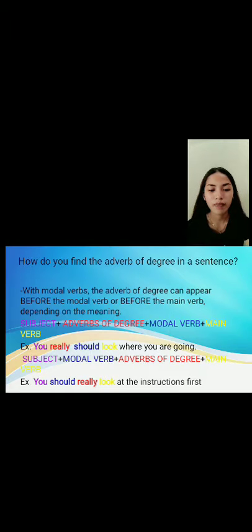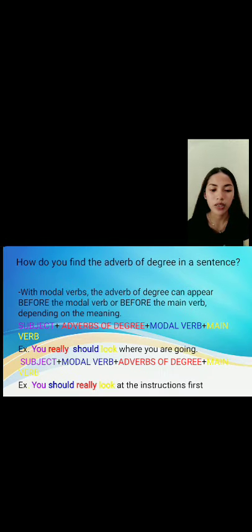So first, the adverbs of degree in the first example appear before the modal verb. So in the second example, the adverbs of degree appears before the main verb. So really is our adverbs of degree, while should is a modal verb, you is a subject, and look is the main verb.